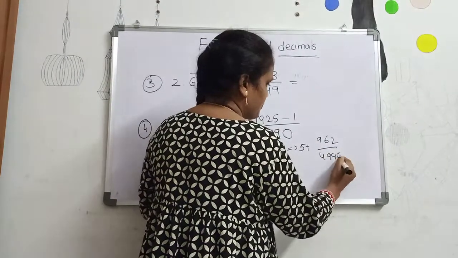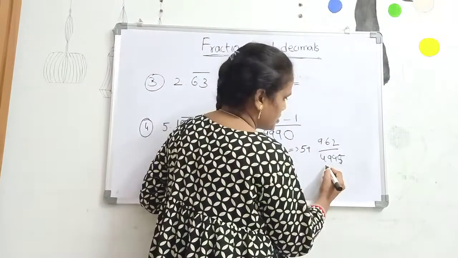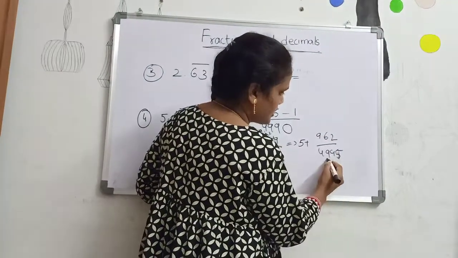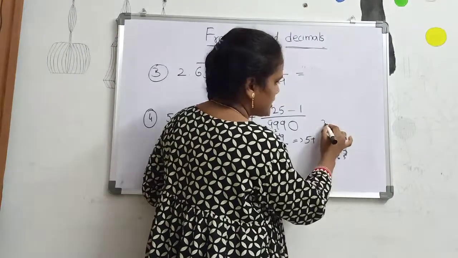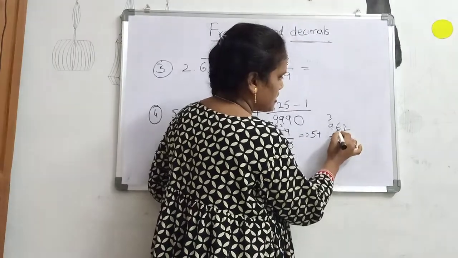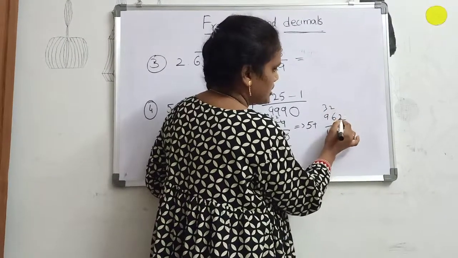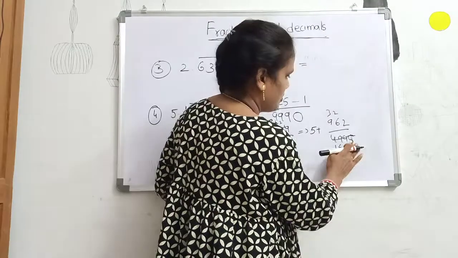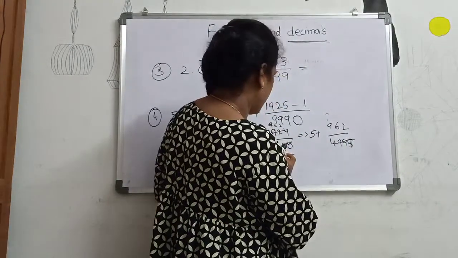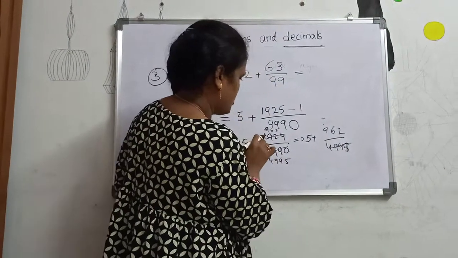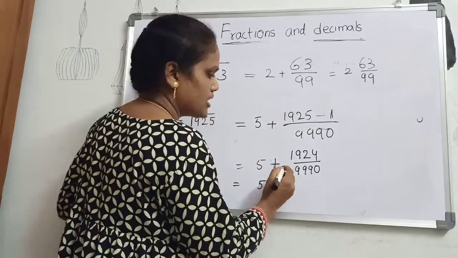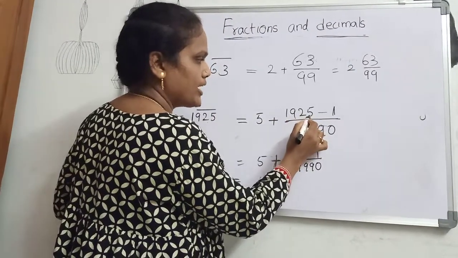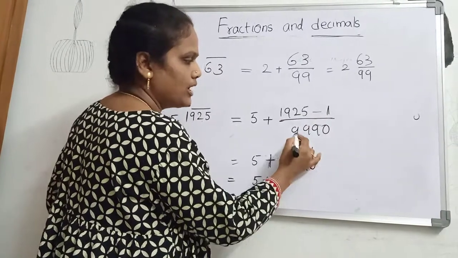Next, 3, is it possible in the 3 table? 3 1s are 3, 3 6s are 18, 3 5s are 15. Okay, 1925 minus 1 is 1924 by 9990.